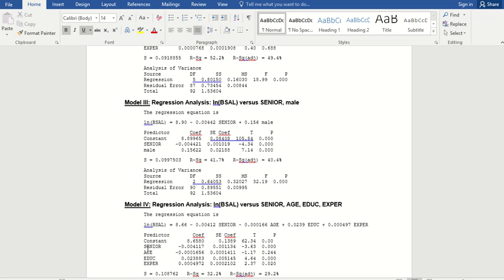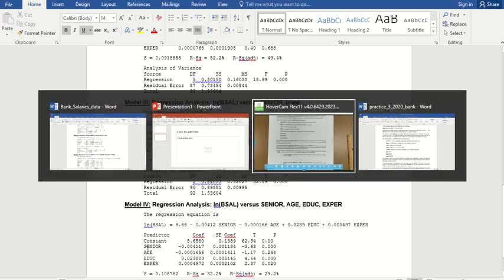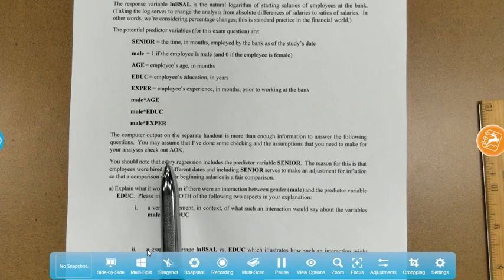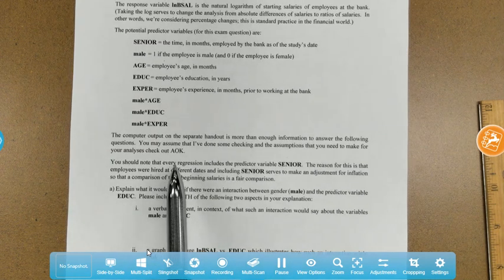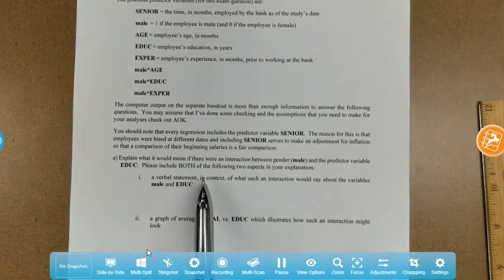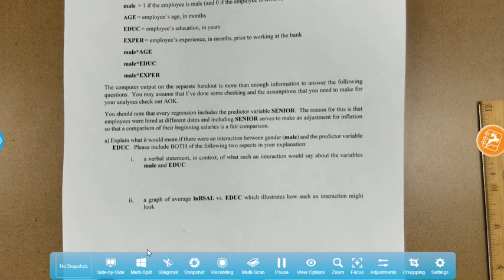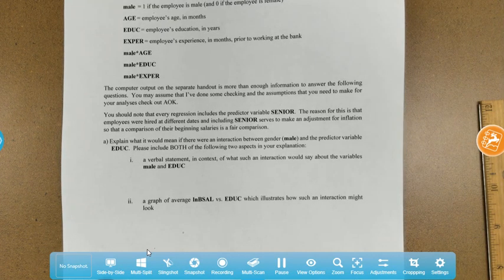But again, it says that the computer output is more than enough to answer the following questions. Well, the first one is, what would it mean if there is interaction between gender and the predictor variable education?